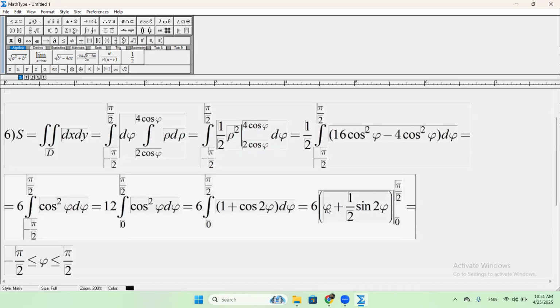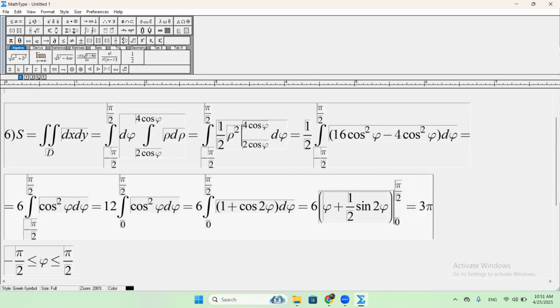If I substitute π over 2 here, I will receive π over 2, and if I substitute 0, I will receive 0. Sine will be 0 for both of these values. So the final answer will be 3π.